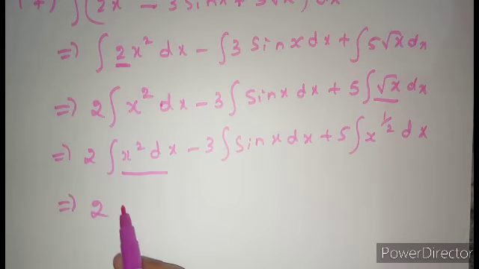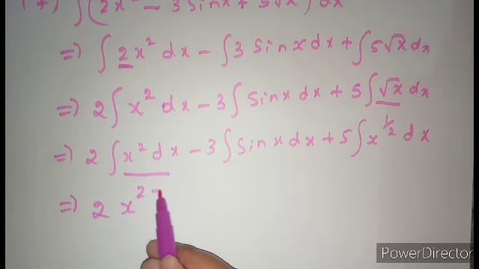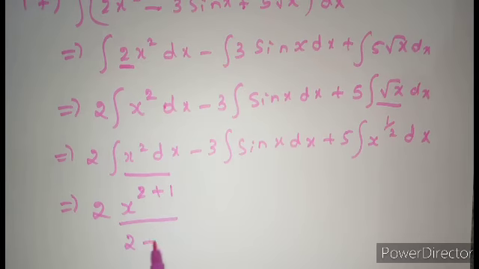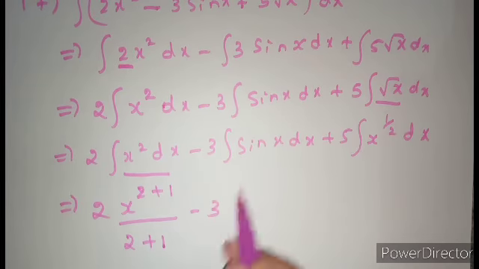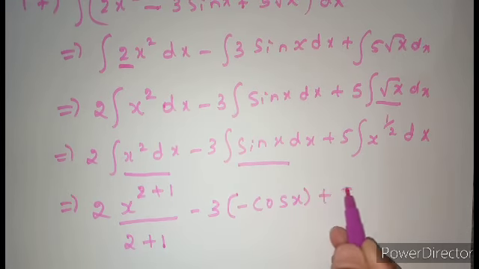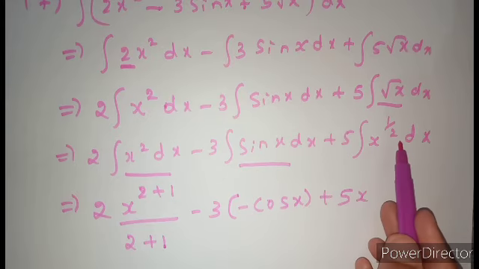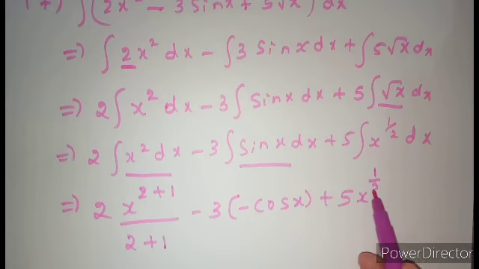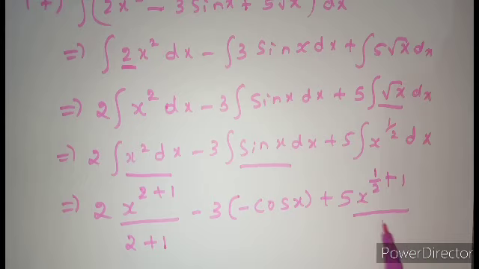If I add 1 to 2, same here in the denominator, minus integral of sin x is minus cos x, okay, plus 5, try to add 1 to 1 by 2, okay, same here in the denominator, plus integration constant c.